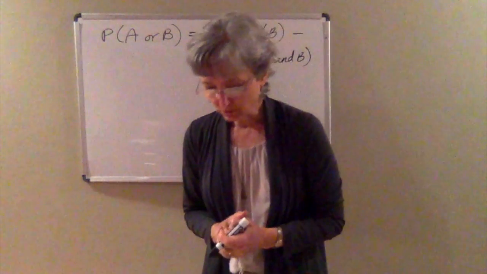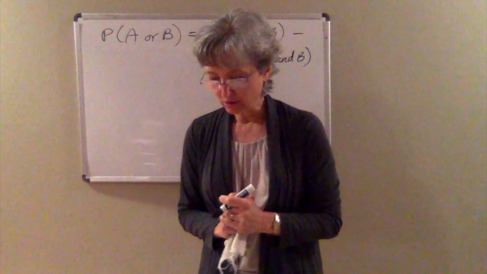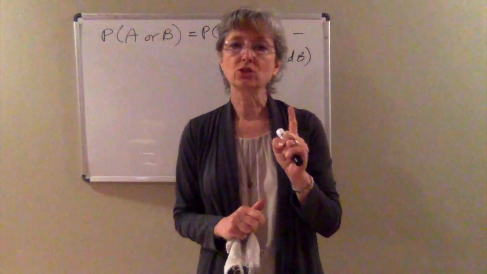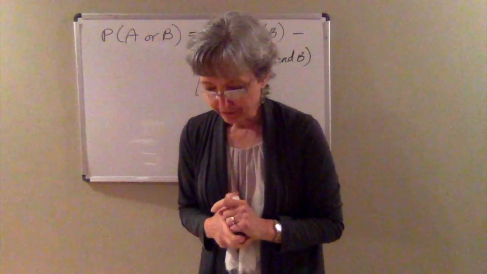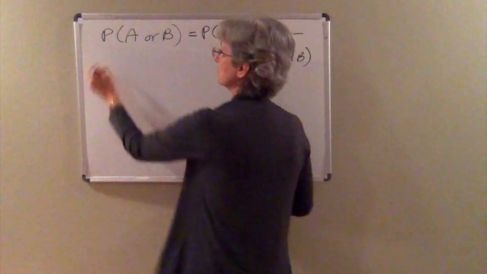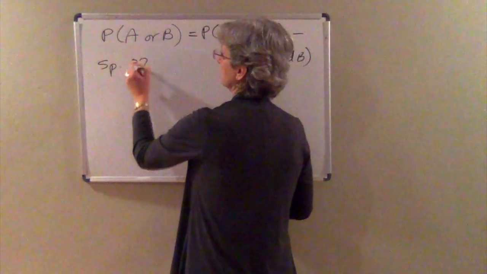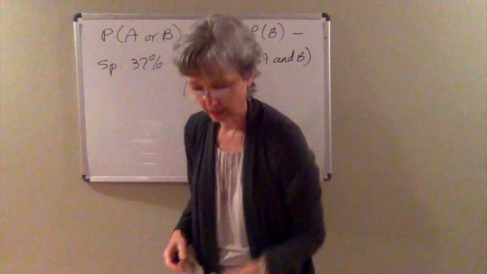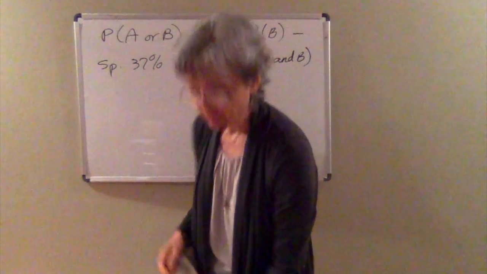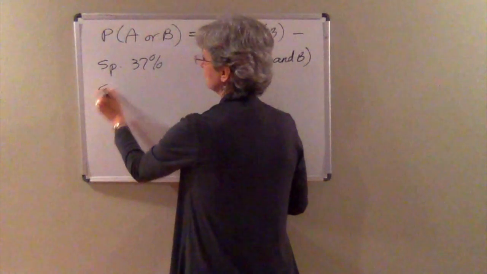You're in a high school, and at your high school, you can take 1 foreign language class each term, only 1. 37% take Spanish, so Spanish is about 37% of the high schoolers take that. About 15% of the students take French.